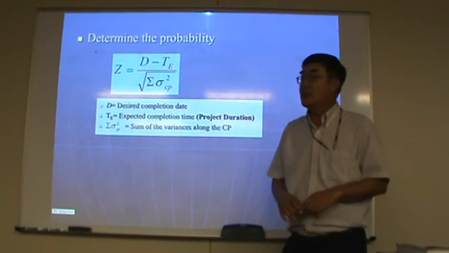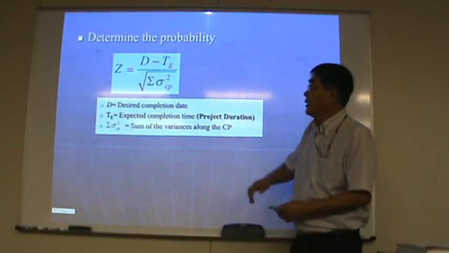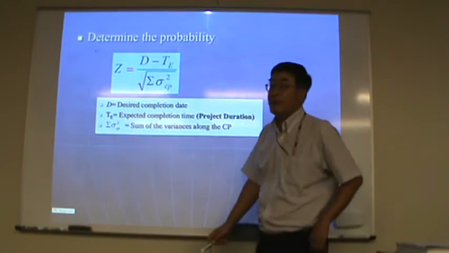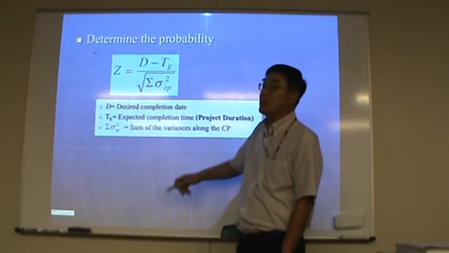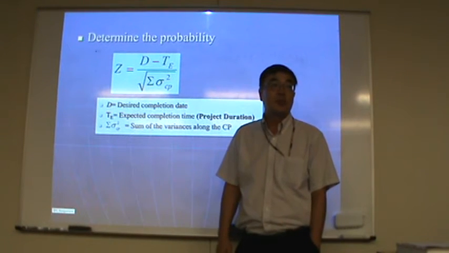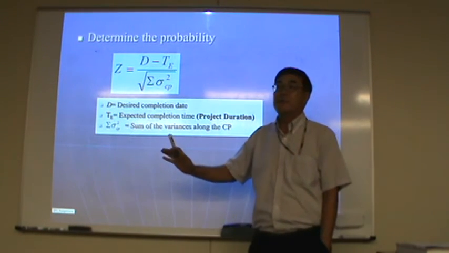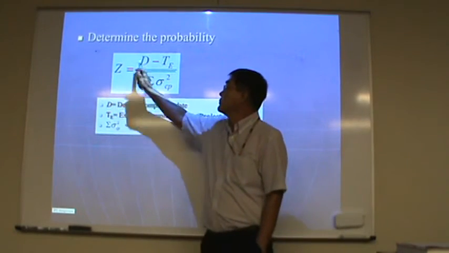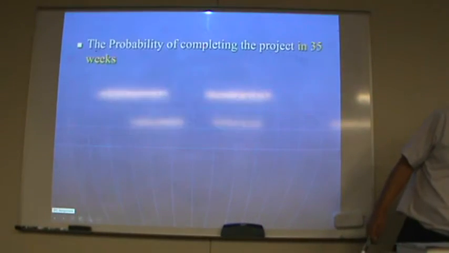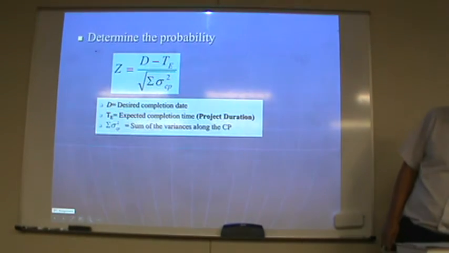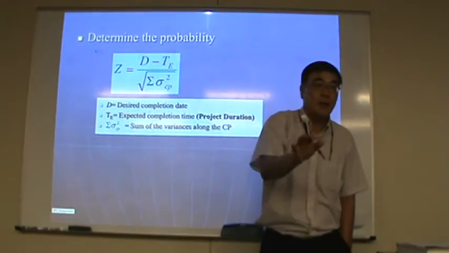The formula is D minus TE, where D is the desired completion time, the time the question asks about, 35.